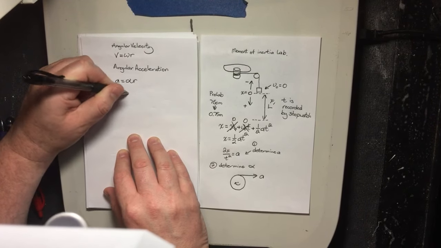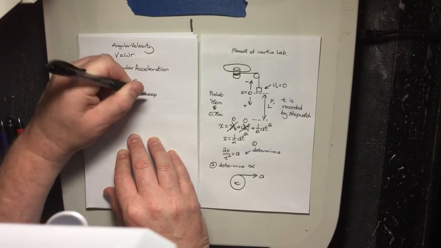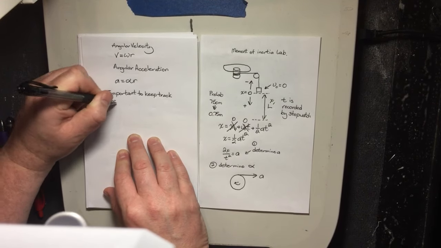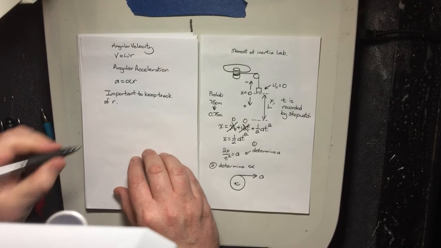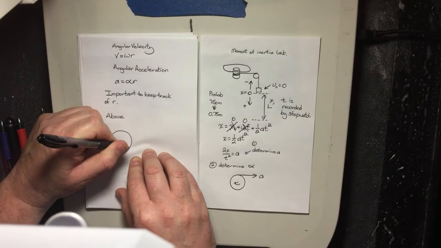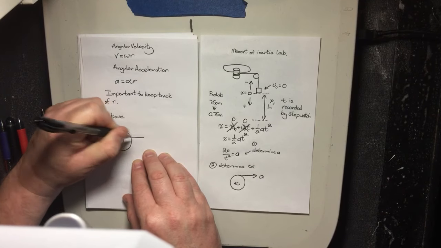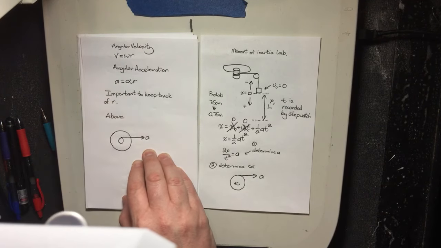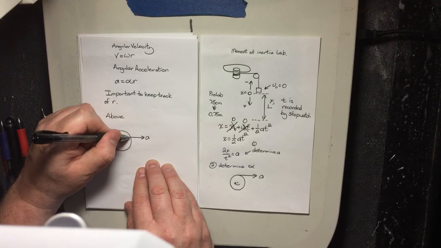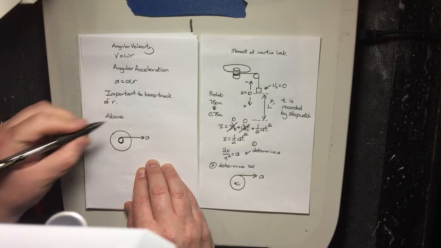And it is important to keep track of R. From above, you have the big turn wheel, and then you have the axle. The acceleration is coming from this string, which is tied around this axle.